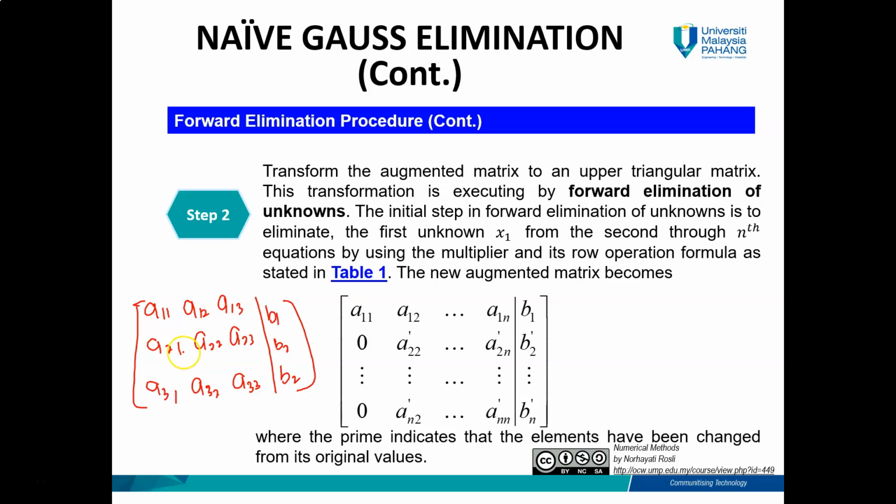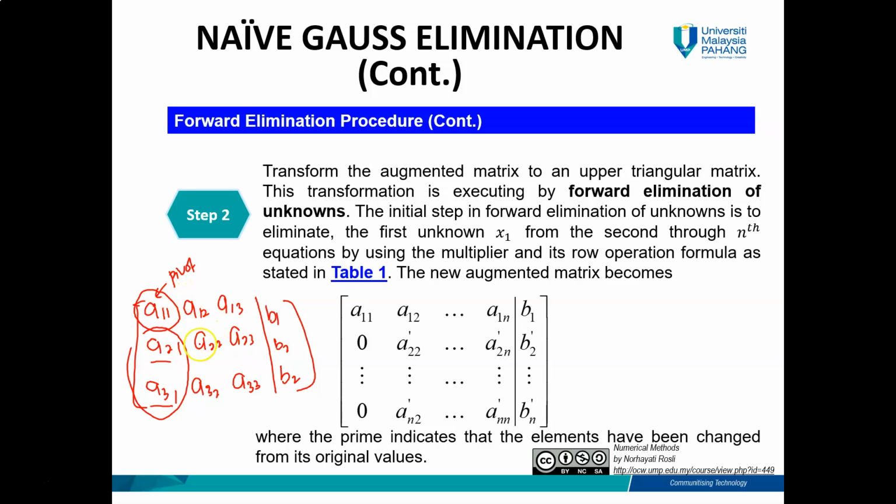We need to perform forward elimination of unknowns such that the elements below this A11 become 0. For the first column here, we need to make sure A21 and A31 become 0. And this one, we call it the pivot element.